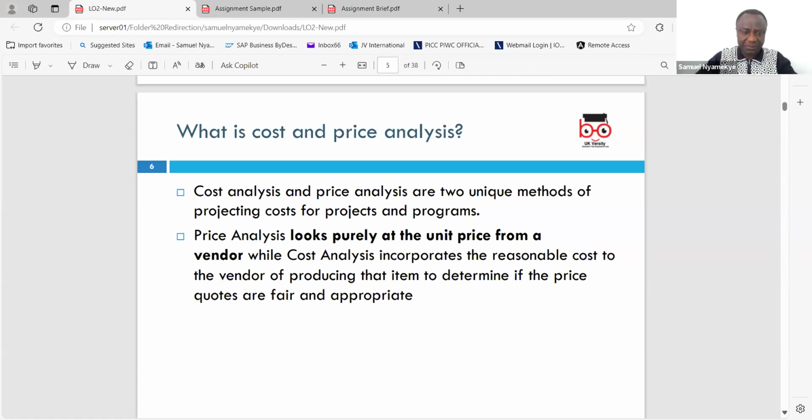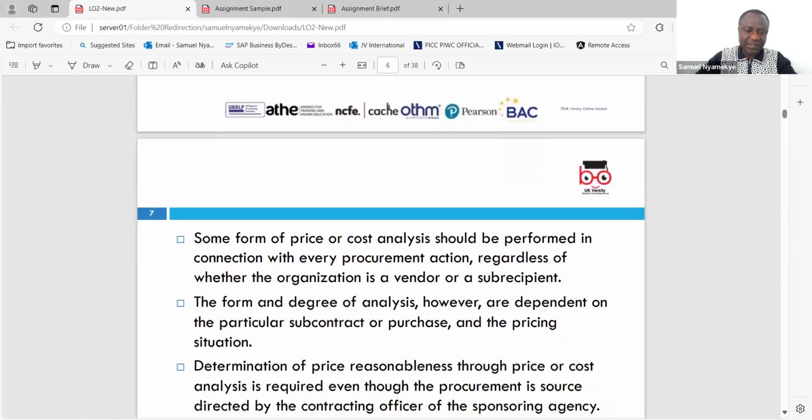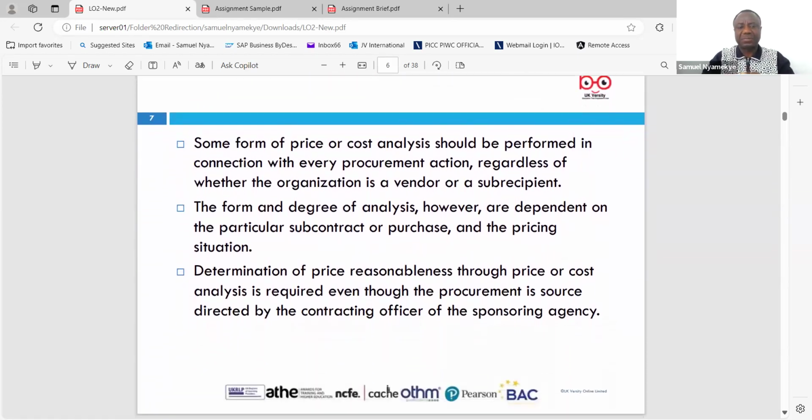In addition to that, price and cost analysis cuts across all transactions. Every transaction you are dealing with, you will definitely get the price, and you will also have to look at the element of costing to a large extent.